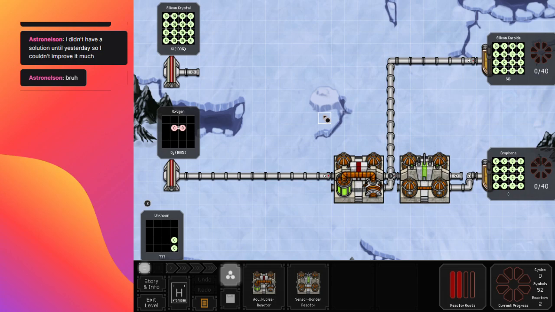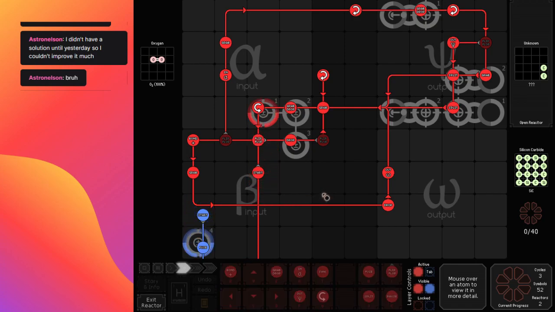Oh boy. Same approach of only using the oxygen input. And that's a lot of flip-flop priming. Alrighty.